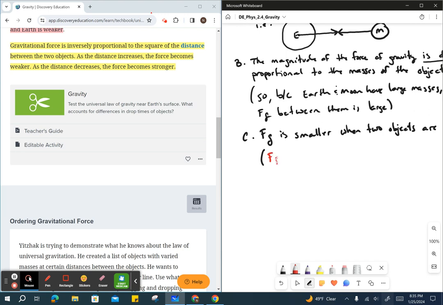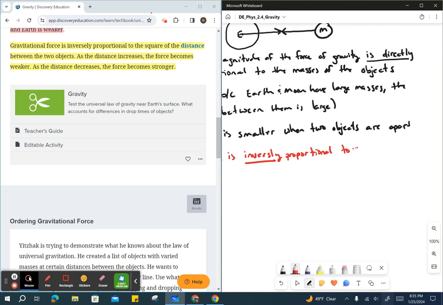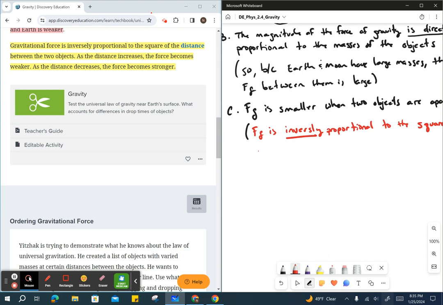The force of gravity is inversely proportional to the square of the distance between two objects.